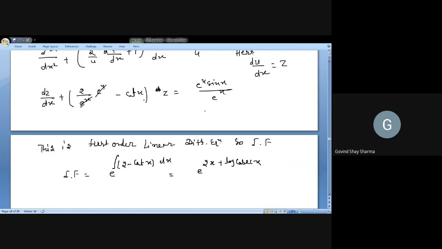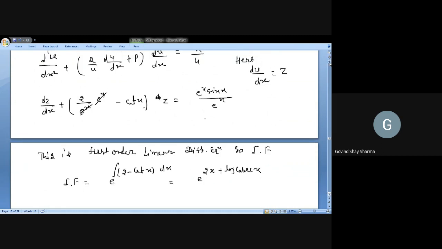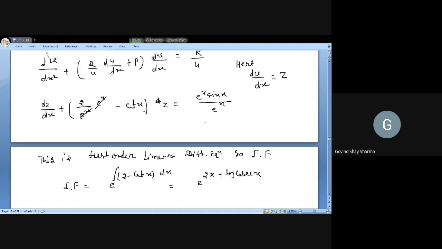Okay, student. So we find out IF here. Again we will see this is the first degree differential equation. So we know the solution of a differential equation: we just find out the integrating factor. Integrating factor is equal to IF, which we can write as e to the power integration of P dx. P is here 2 minus cot x.